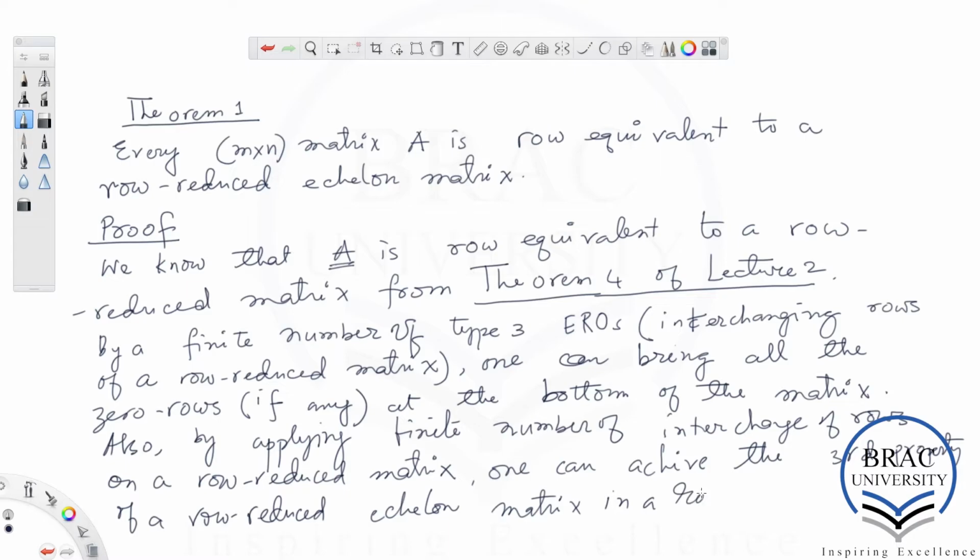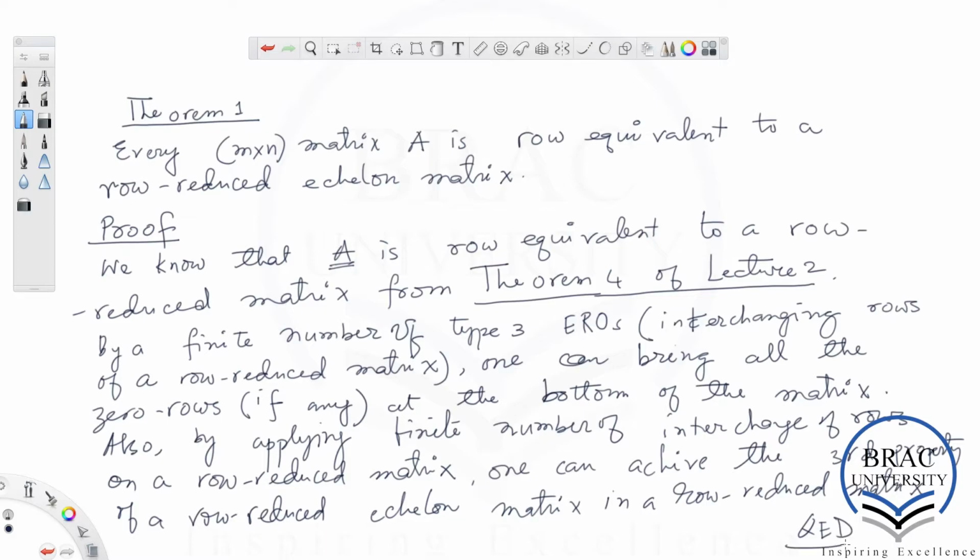So we just have to apply the third elementary row operation finitely many times to make our row reduced matrix satisfy the third property of a row reduced echelon matrix, so that all 3 properties of a row reduced echelon matrix are satisfied, and we have finally a row reduced echelon matrix obtained from the matrix A. Okay, good.